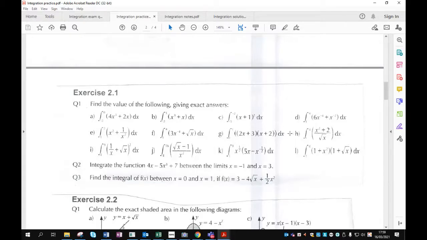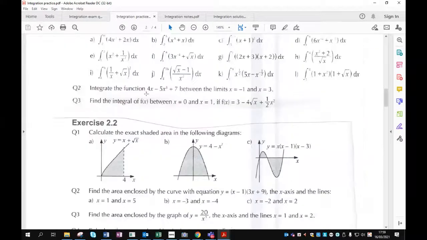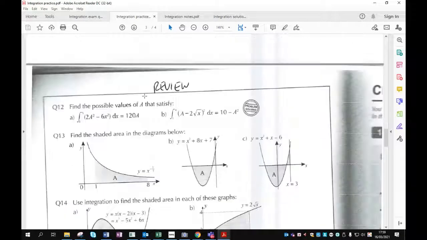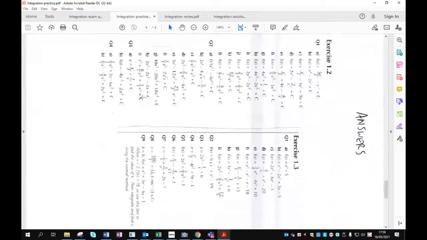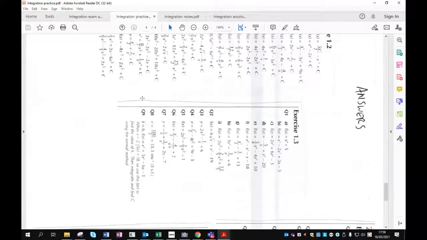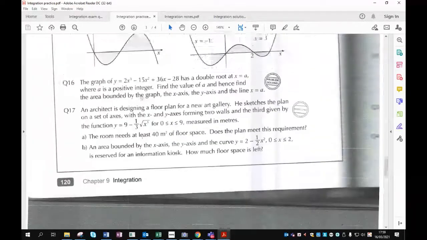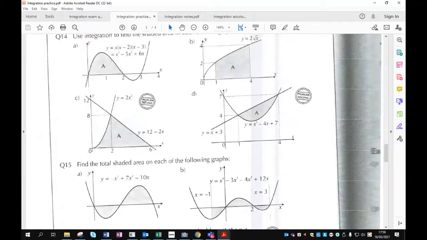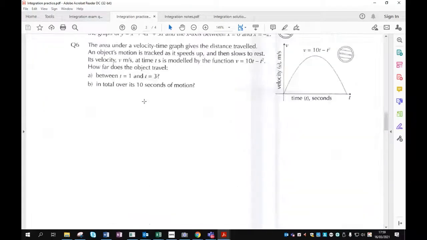Okay? Now, as well as the questions there, on the last page of this document, I've photocopied the answers, so you can check your working, okay? And if you've got any issues from that at the start of the lesson next week, when we finish off integration, you could ask them.